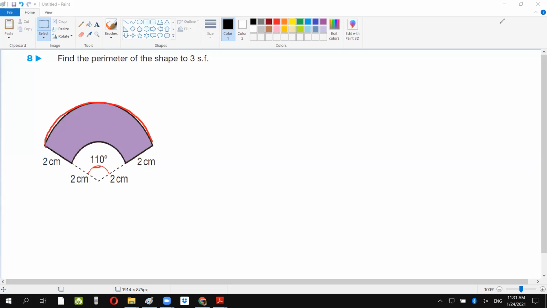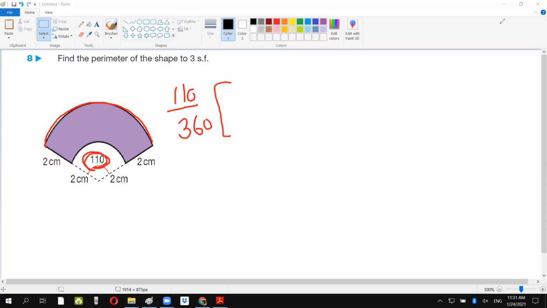Big curve, take care. The angle of it is 110. Part over total: the part of the angle is 110 over the total 360.